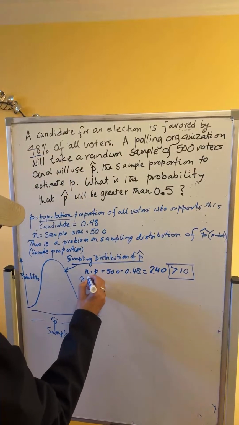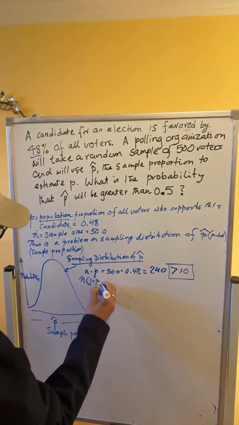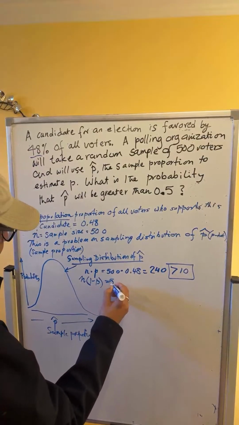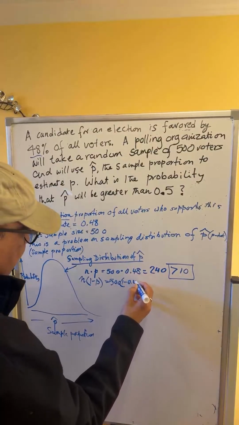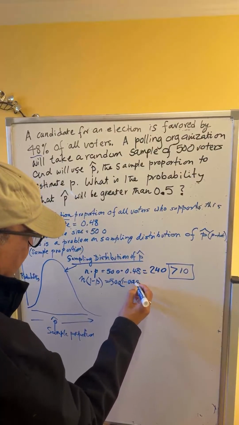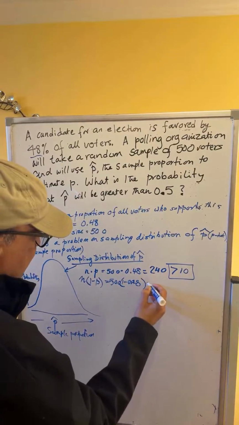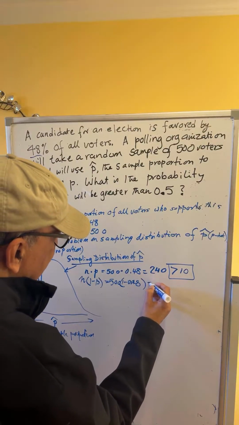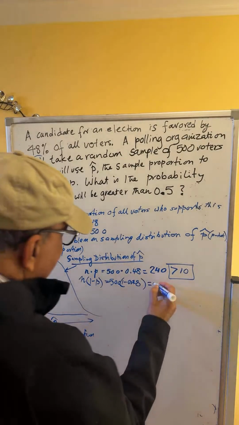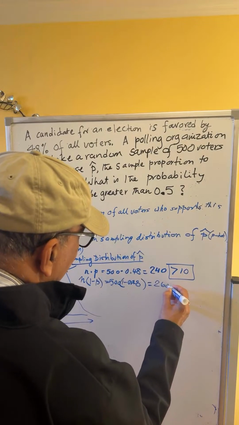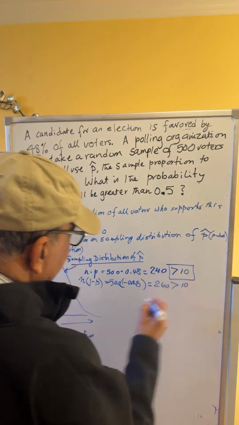Also, we will calculate n times 1 minus p. That is 500 times left parenthesis 1 minus 0.48 right parenthesis, which is 260. That is also greater than 10.